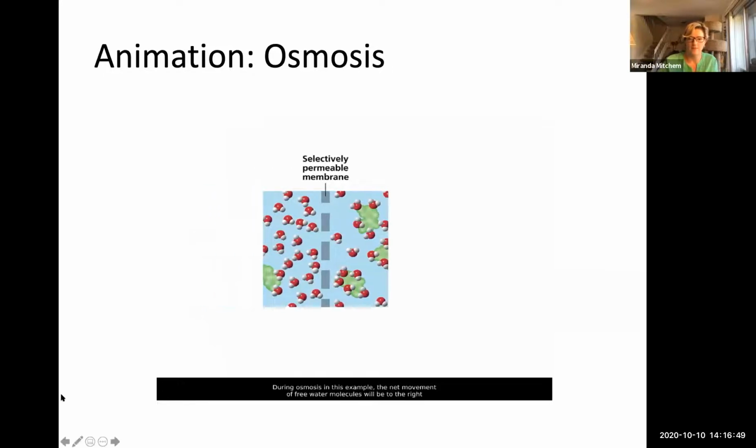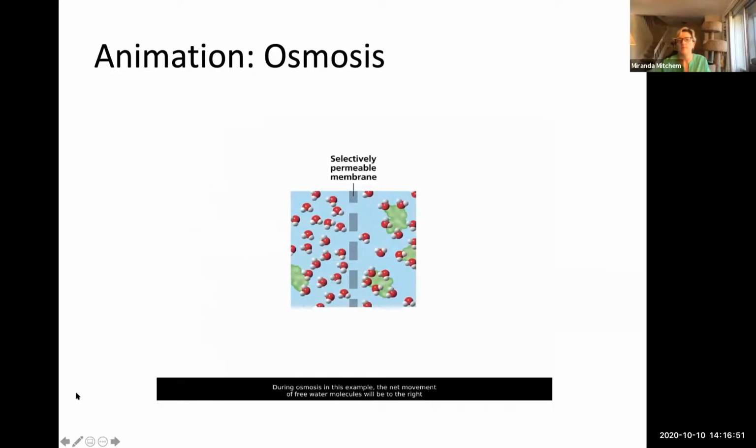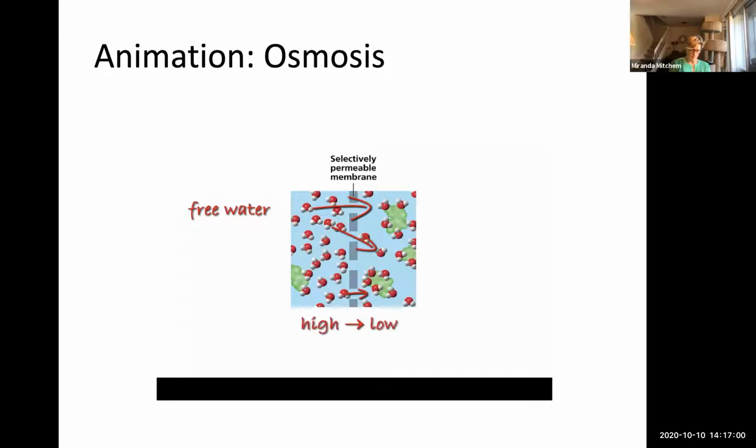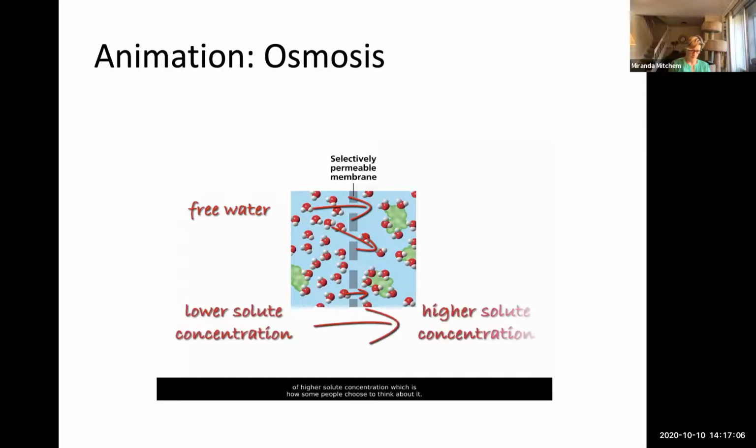During osmosis in this example, the net movement of free water molecules will be to the right across the membrane, down their concentration gradient. Note that water moves from the area of lower solute concentration to the area of higher solute concentration, which is how some people choose to think about it.